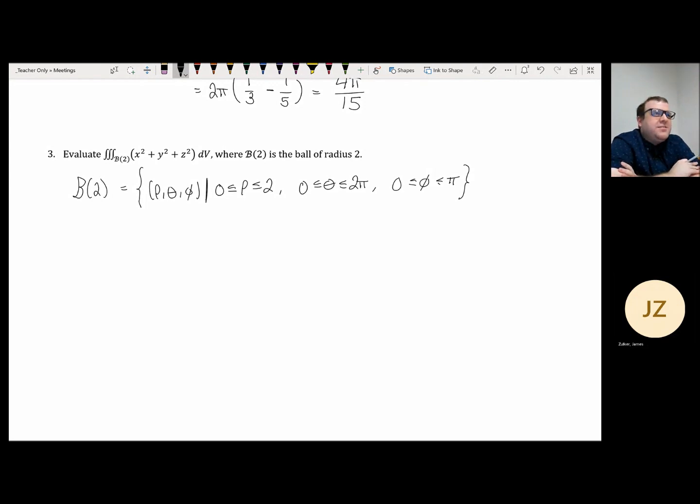And so phi you can't change like you can with theta, right? You can say theta would be like negative pi over 2 to pi over 2 if you want the first and fourth quadrants. Because phi is an angle of declination from the z-axis, it's always going to be between 0 and pi.